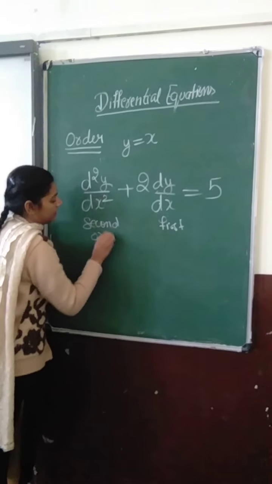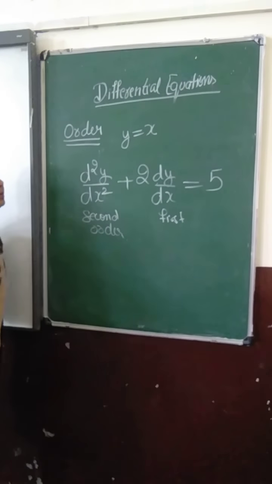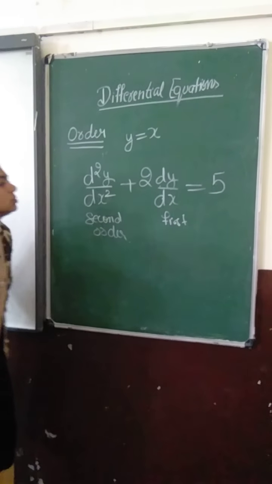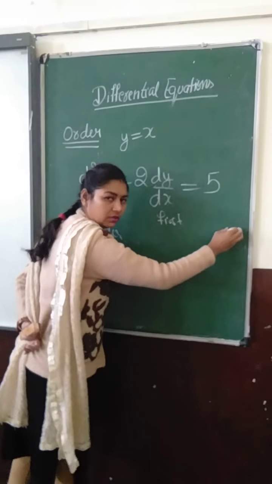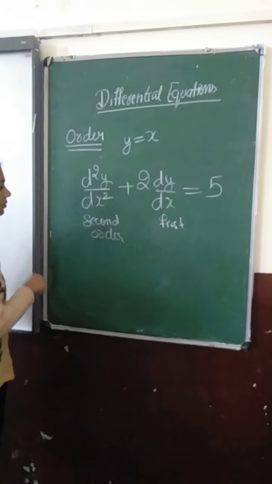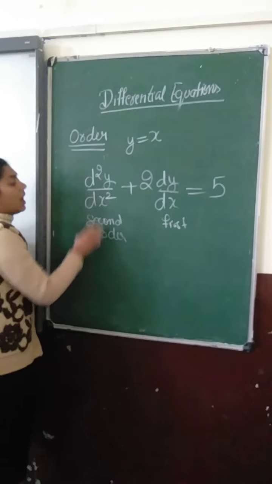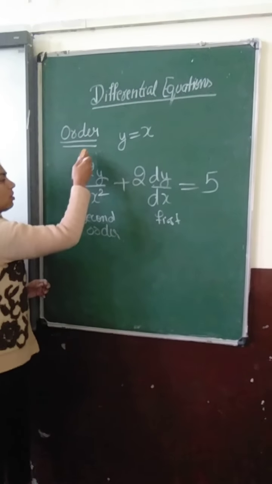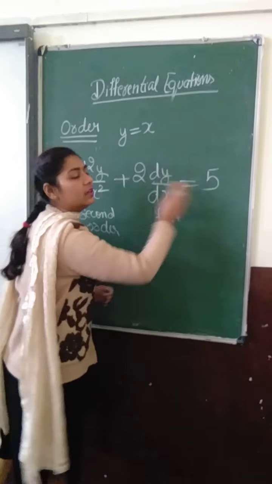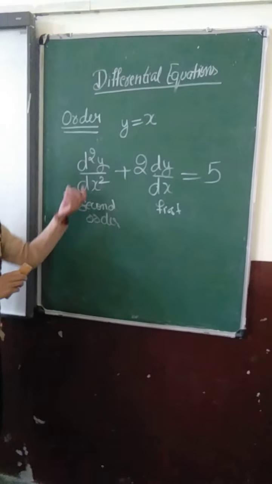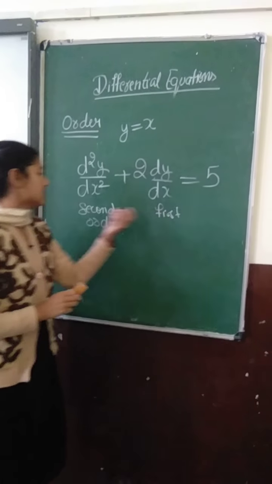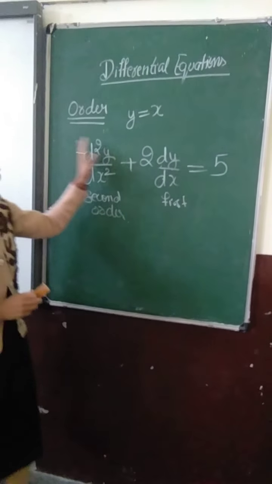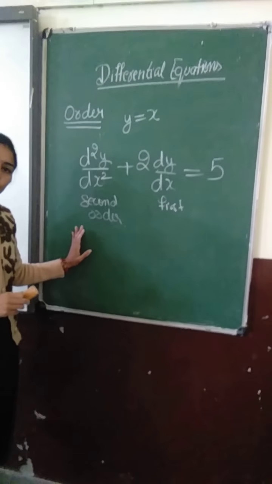So what you will say about the order of this differential equation? Okay, so when there are a mixture of orders, you will take the highest order as the order of that differential equation. So see here, this is first, this is second, which is higher? Second. So the order of this differential equation is 2.